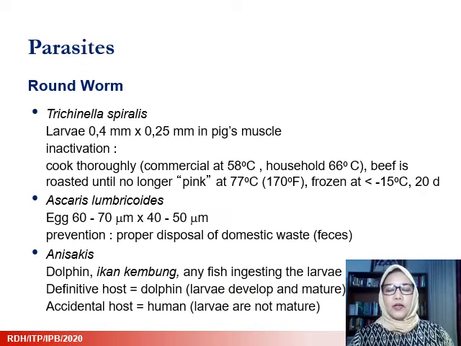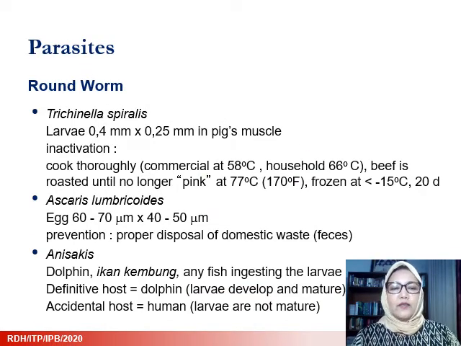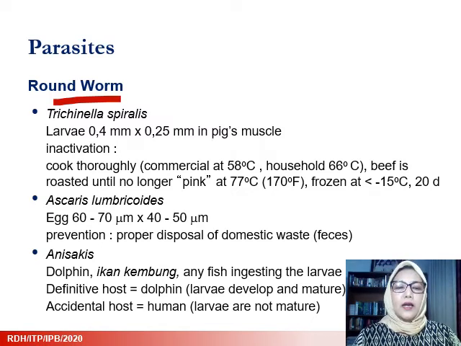Let's move to larger parasites. The first one is roundworm. One example of an important roundworm is Trichinella spiralis, which usually forms larvae inside the pig's muscle. To inactivate roundworm such as Trichinella, you have to cook thoroughly.